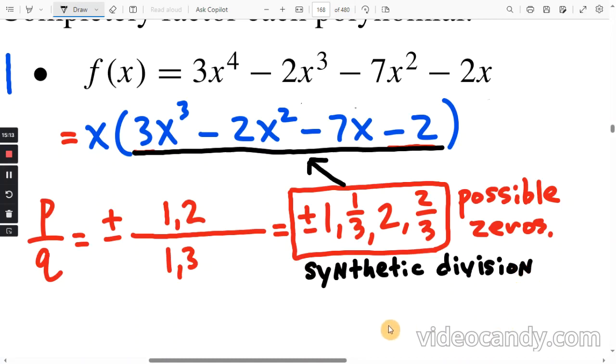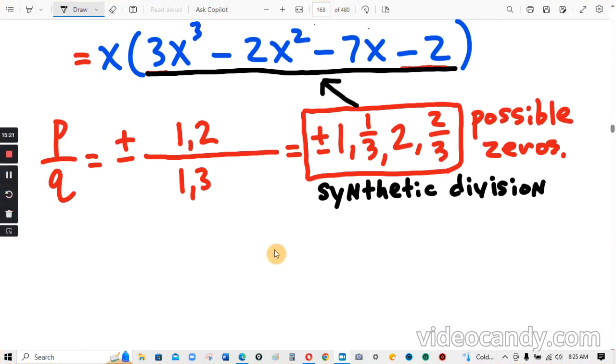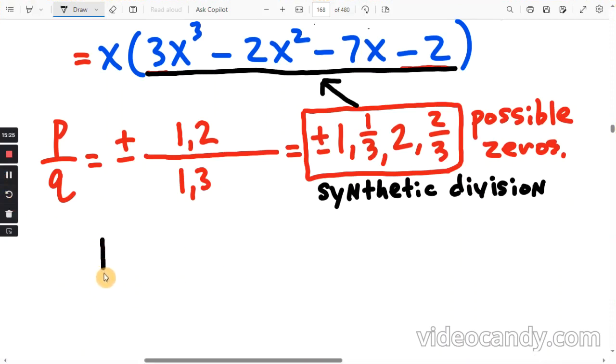So we're going to do synthetic division and find out which ones of these are possible zeros. Now, if you remember how to set up synthetic division, you want to make the bracket and leave enough room for 2 rows. We can try any of these. Let's start with 1 because that's the easiest.